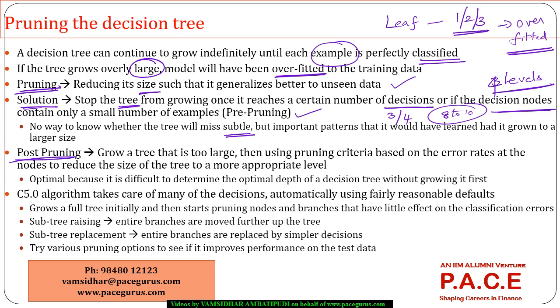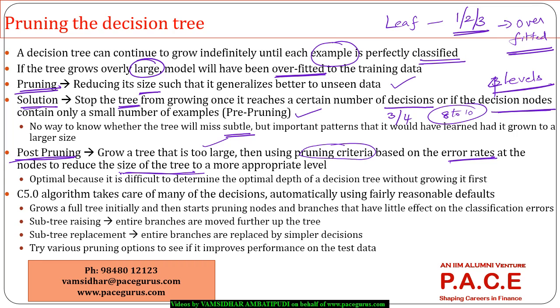So in some other cases I would be talking of a post-pruning. Means initially I will allow it to grow to whatever size, free size, almost the full size I will allow it to grow. Then I use different pruning criteria based on the error rate, based on how much error in terms of classification is coming out. Based on that, I will take a call.